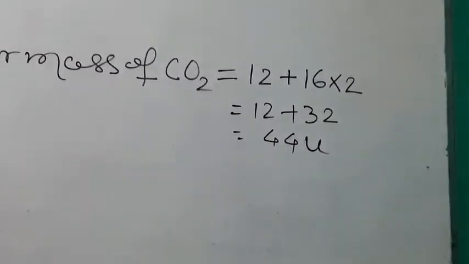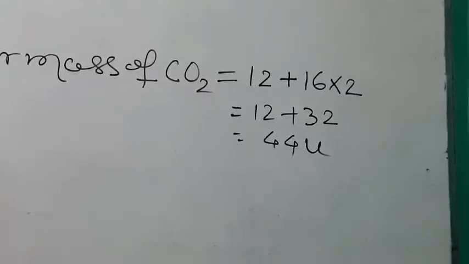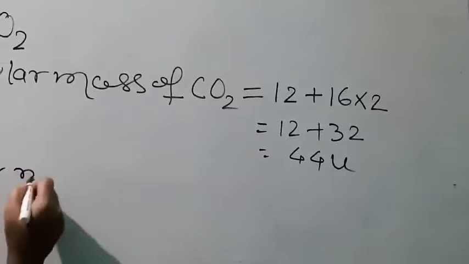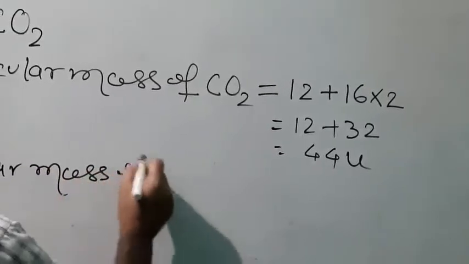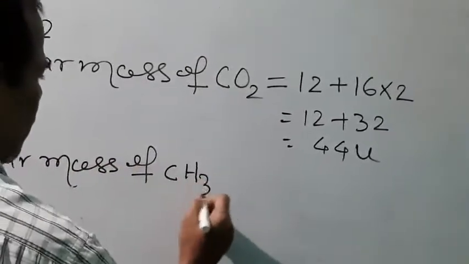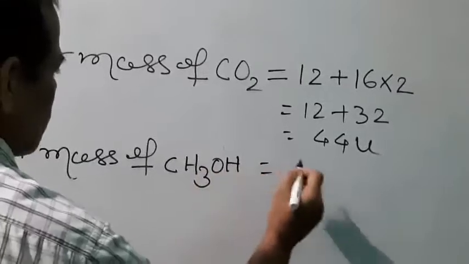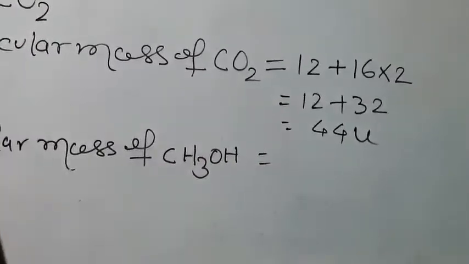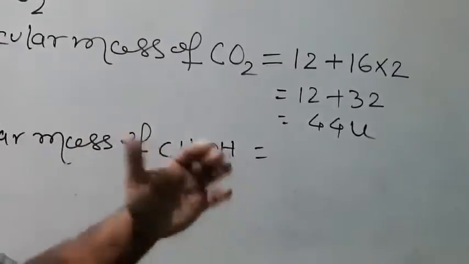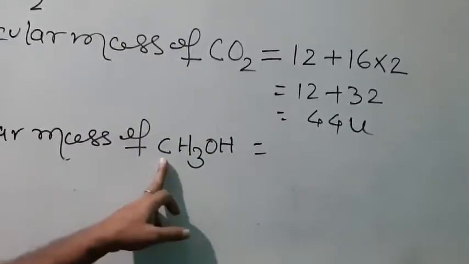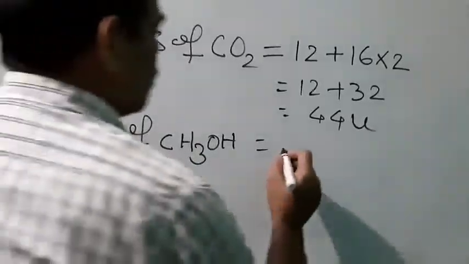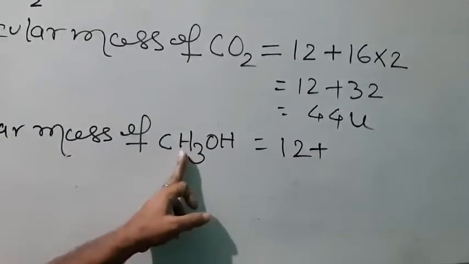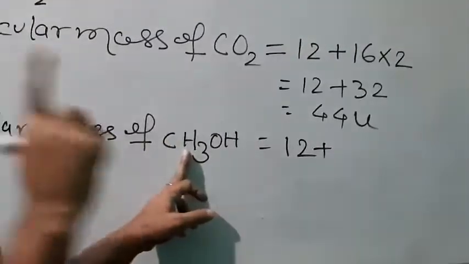Similarly, the molecular mass of CH3OH needs to be found out. The atomic mass of carbon is 12, plus hydrogen has atomic mass 1.